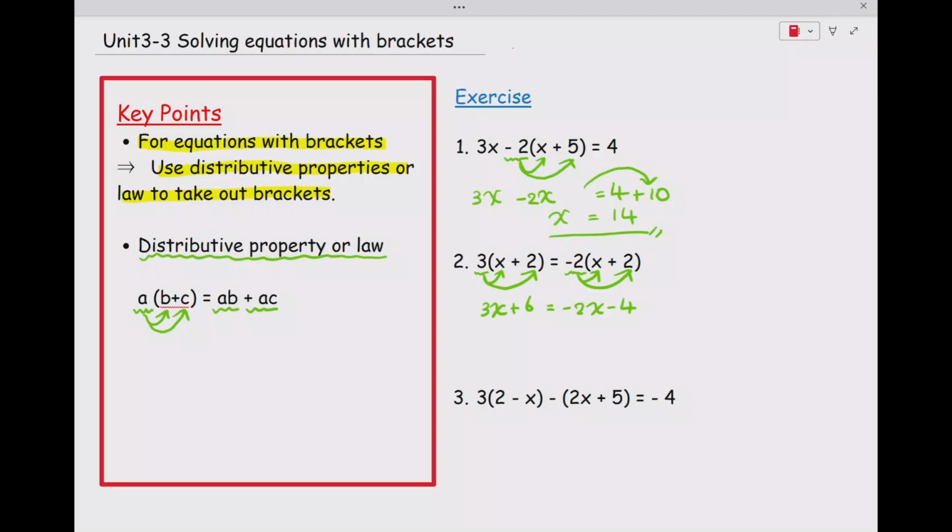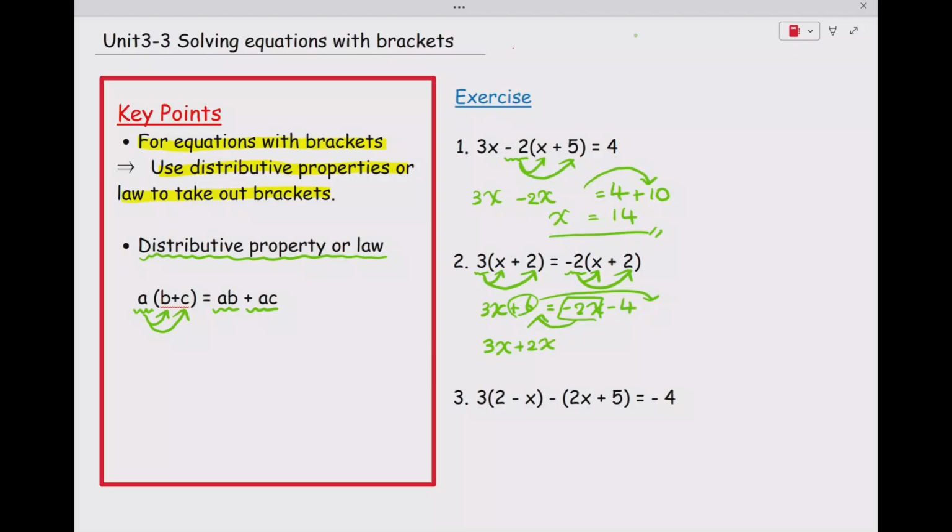And next, let's move the thing in the way so that we collect the letter terms on one side and the number-only terms on the other side. In this case, if we move plus 6 to the right side, and minus 2x to the left side, the left side will have the letter terms, and the right side will have the number-only terms. So we move each to the other side by changing the sign.